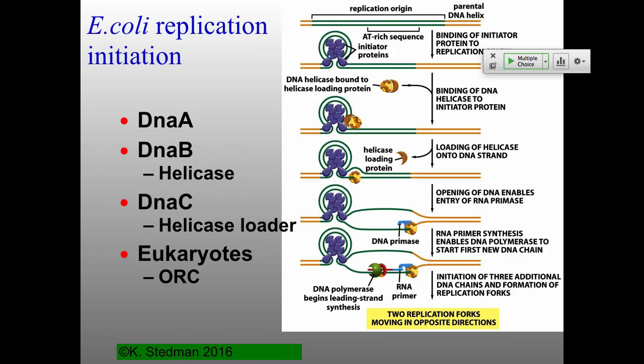Okay, so we need to get to eukaryotic initiation, so we need to move through a couple more of these. Basically, the process here is now going through what proteins are involved. Unfortunately, it's called DnaC, again, not very useful, but the initiator, DnaA, in E. coli, binds to AT-rich sequences and forms a DNA-protein structure, which now allows this most important protein, the helicase loader.